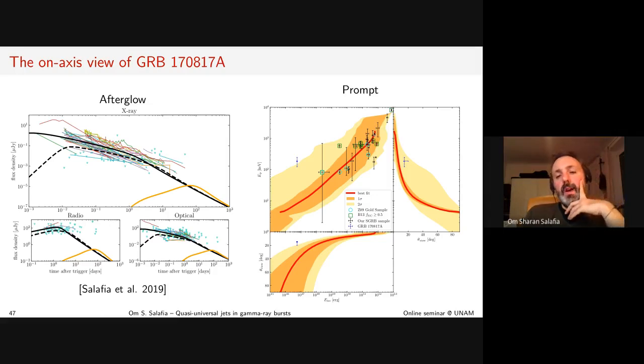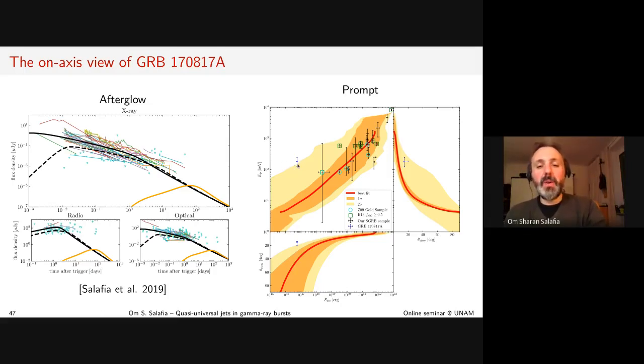So in this case, you have a distribution of relations between E_iso and the peak energy because there is uncertainty in the jet structure of GRB 170817A. But anyway, the median is compatible at 1 sigma with most of the observed isotropic equivalent energies and peak energies in short GRBs, with a very nice and funny exception, which is GRB 170817A.